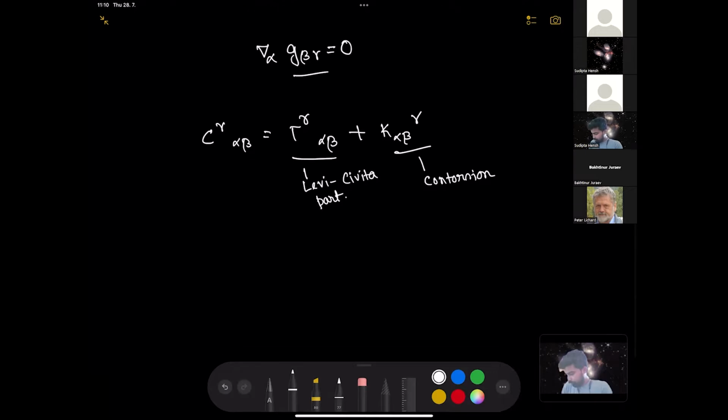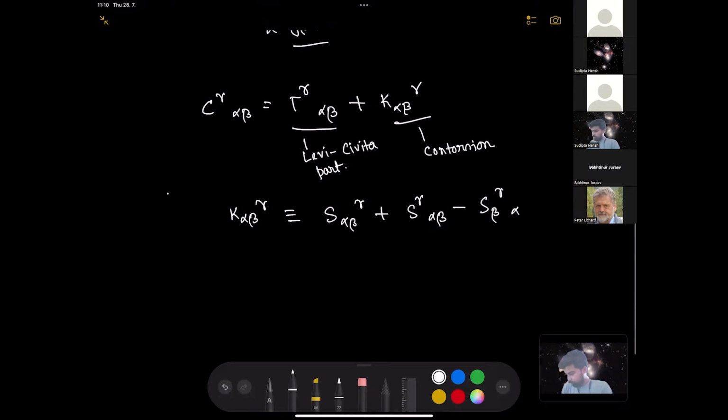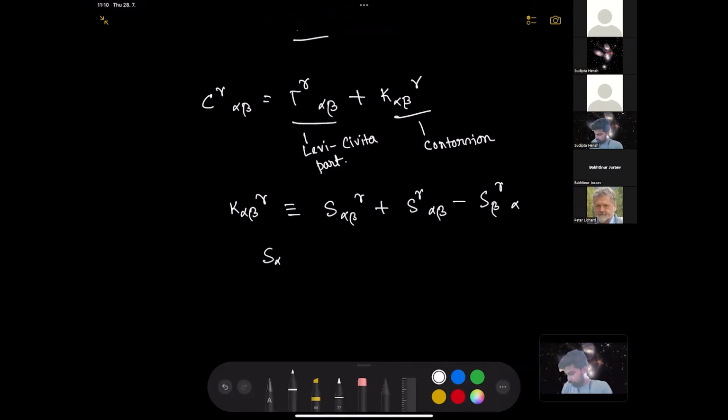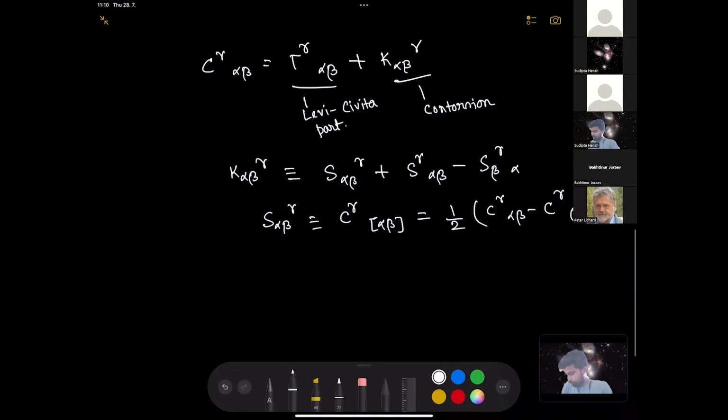This contortion K^α_βγ can be written as a combination of the torsion tensor S, where S is basically the antisymmetric part of the generic connection.